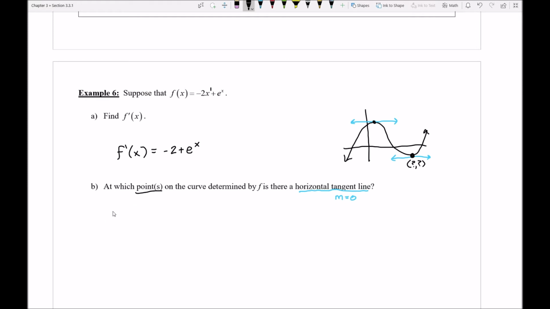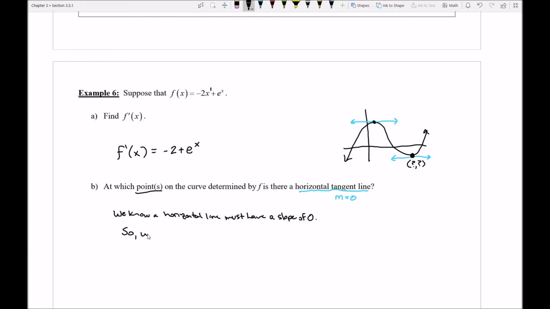I know the following, and I'll write this out. We know a horizontal line must have a slope of 0.